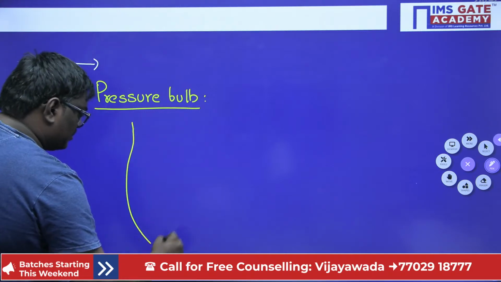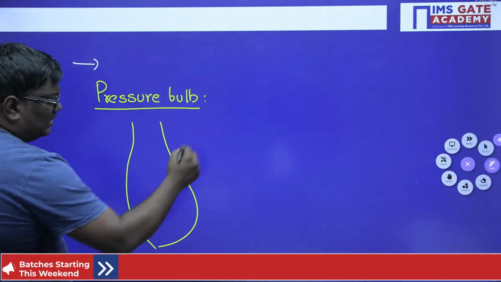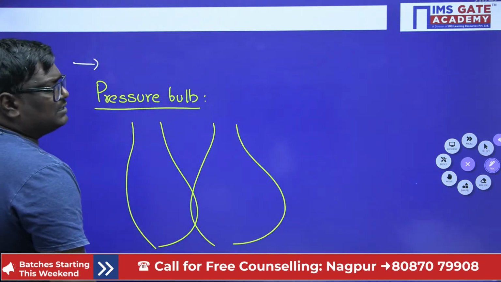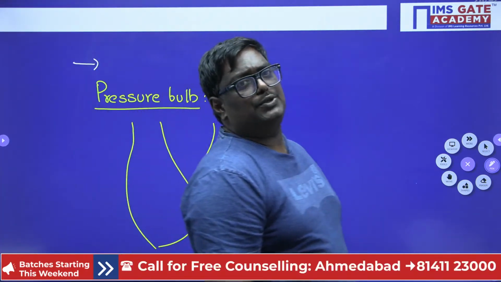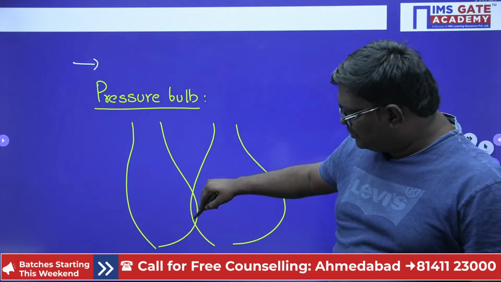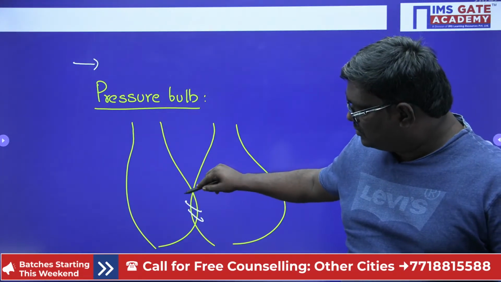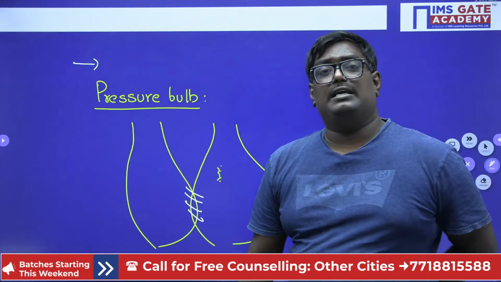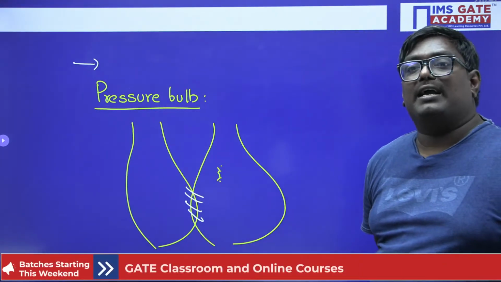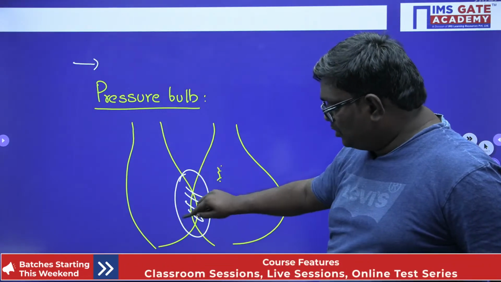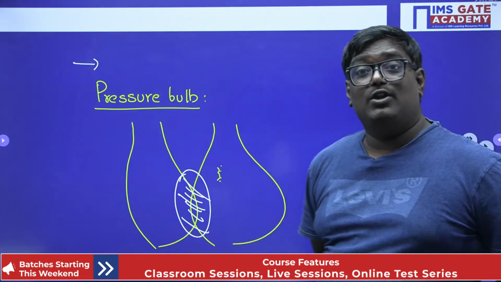Due to the pressure bulbs, the bearing capacity of the soil will be reduced. Due to this overlap, in the group capacity of piles also, there will be a reduction in the bearing capacity, a reduction in the load carrying mechanism.